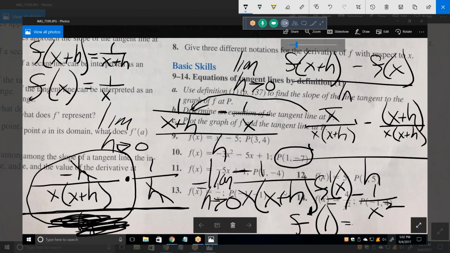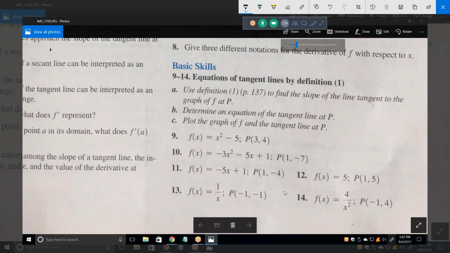That's what we're looking for. Oh, it's just negative 1. Exactly. So that's the slope of the tangent line at that point. Now I'm going to erase everything. So we know the slope is negative 1 at our point 1 comma minus 7.